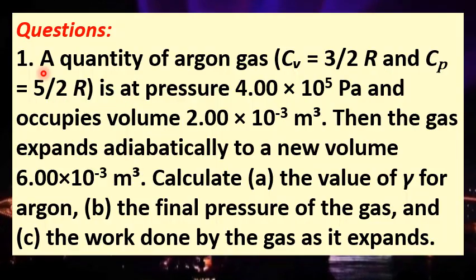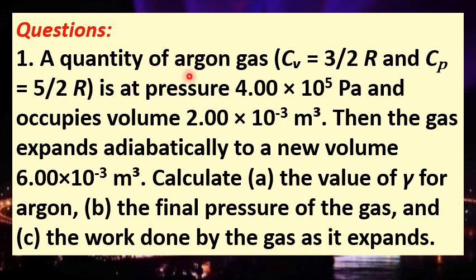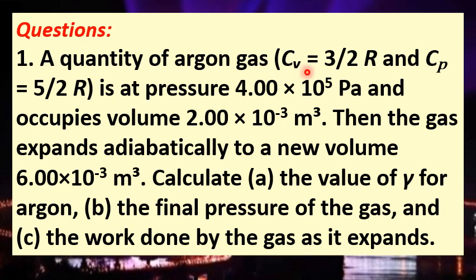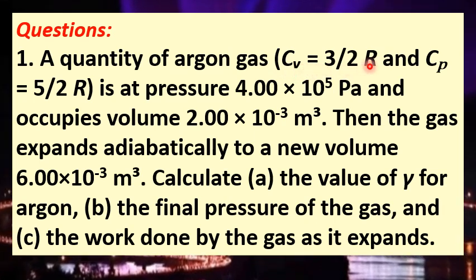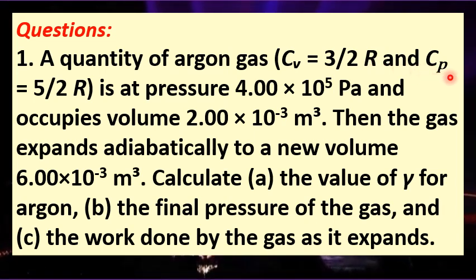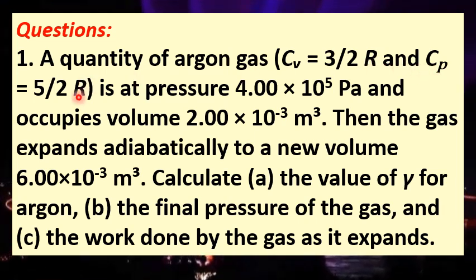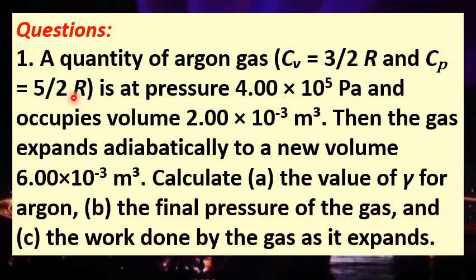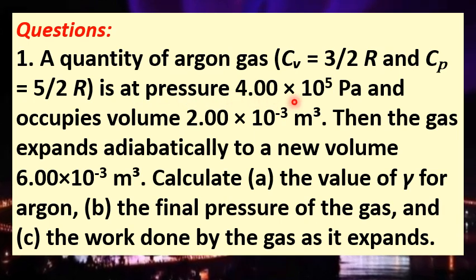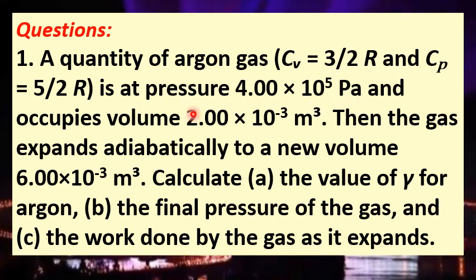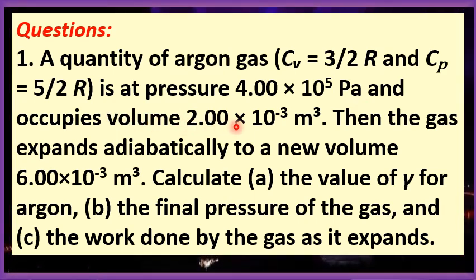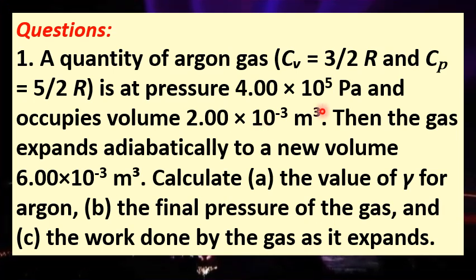Question number 1. A quantity of argon gas with heat capacity C sub V equal to 3 halves of the gas constant capital R and heat capacity C sub P equal to 5 halves of the gas constant big R is at the pressure 4.00 times 10 to the 5th Pascal and occupies volume of 2.00 times 10 to the negative 3 meter cube.